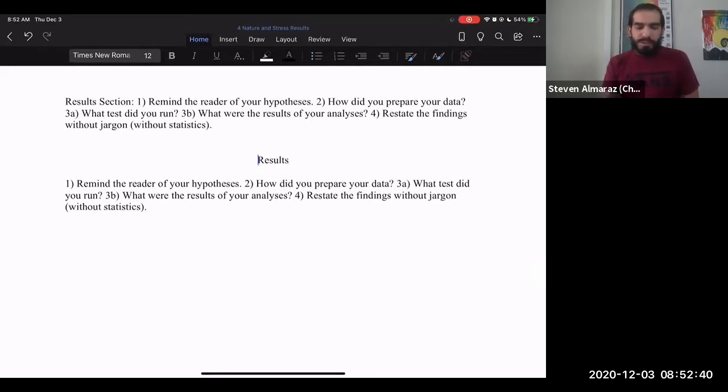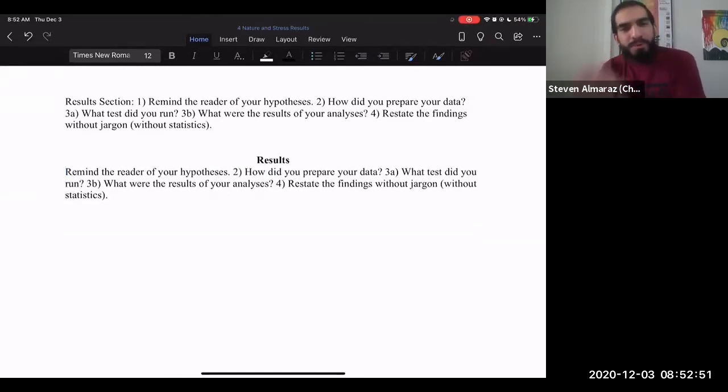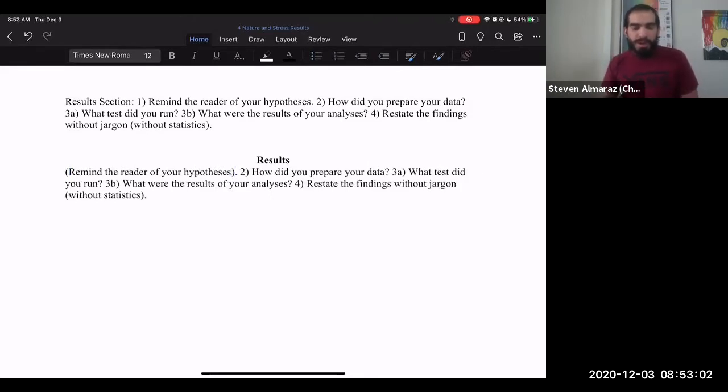So first, I have results. That's going to be bolded. And then the way I'm going to help myself out here is I'm going to put in parentheses what I'm going to write in the first part, what I'm going to write in the second part, what I'm going to write in the third part. So the first part is going to be remind the reader of my hypotheses.